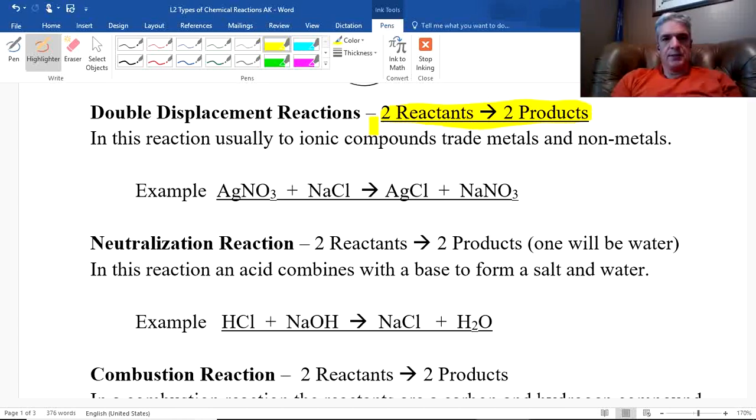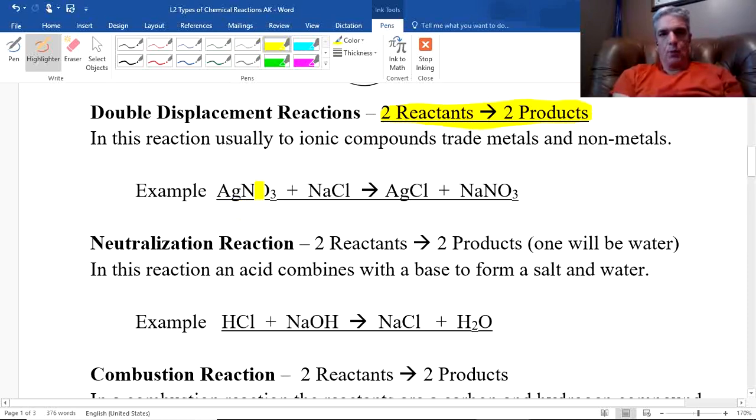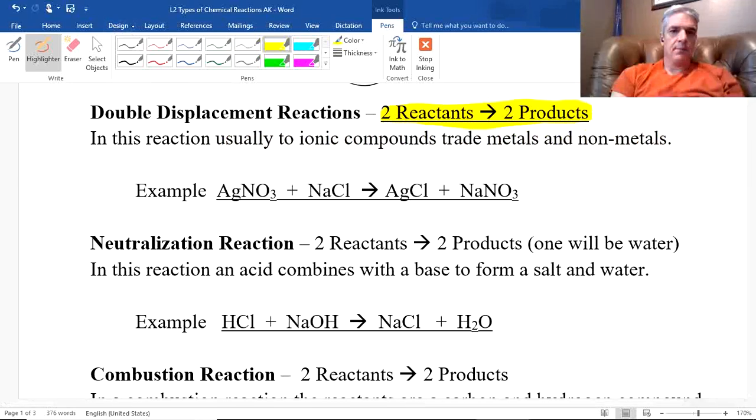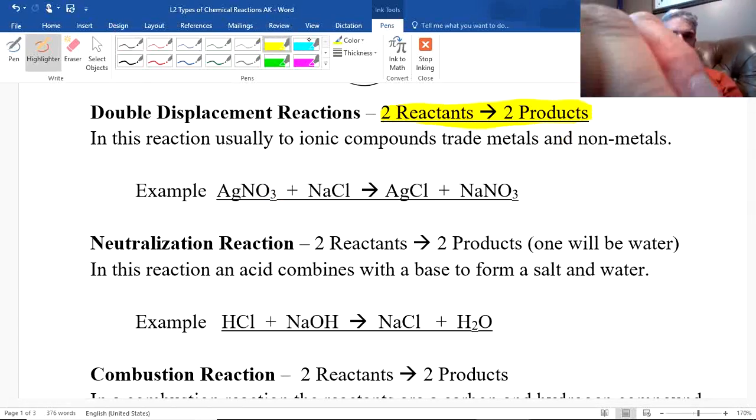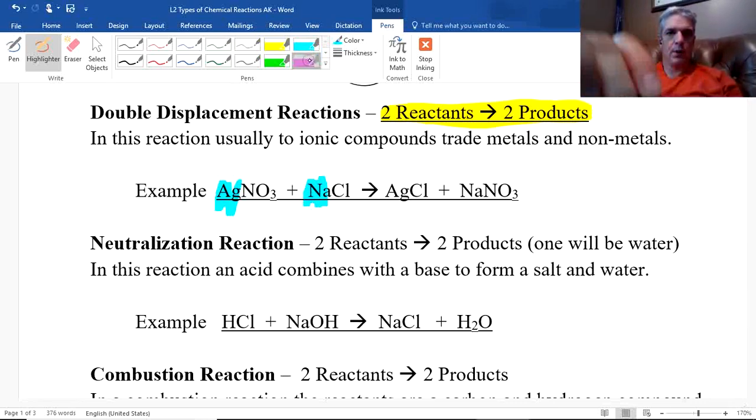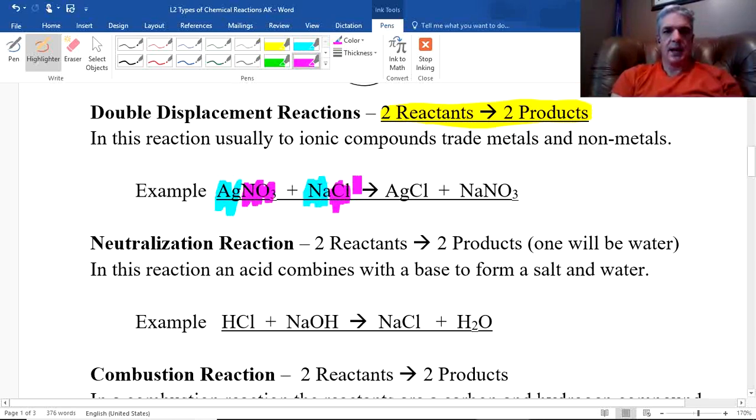And in this particular one, what we're looking for is, in this reaction, usually 2 ionic compounds trade metals and non-metals. So in this particular case, I'll maybe highlight in blue our metals. So you see silver and sodium are our metals, and I'll go with purple for the non-metals, okay? So here's our purple non-metals. We have nitrate and we have chlorine.